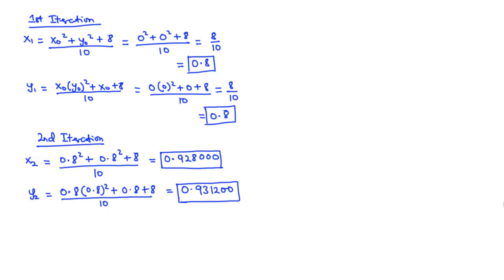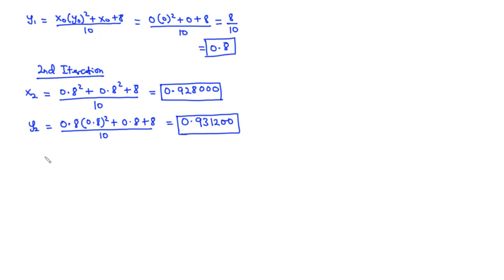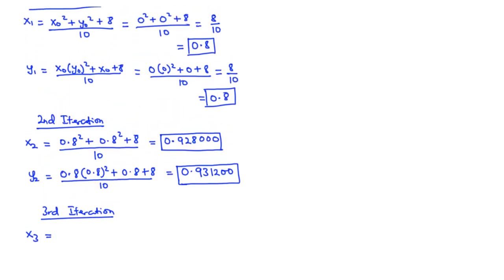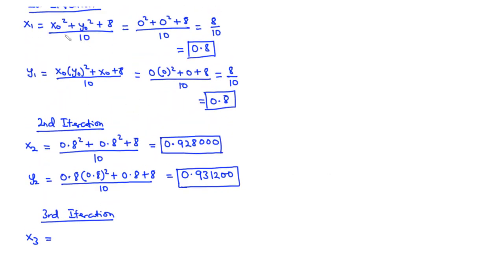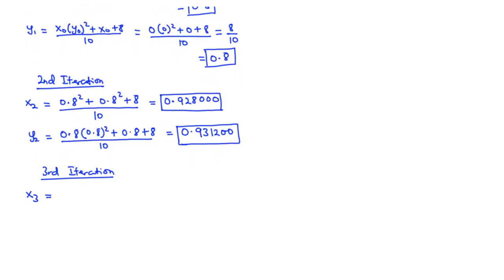Now let's move on to the third iteration. For the third iteration, we are going to have x3 to be equal to, so we have this value is for x2, x2 squared plus y2 squared.